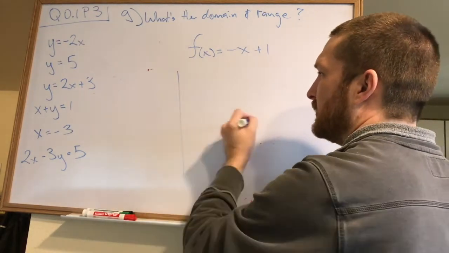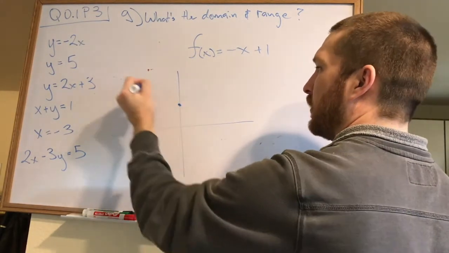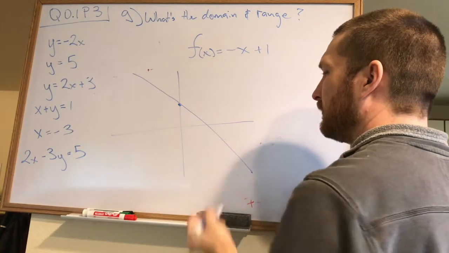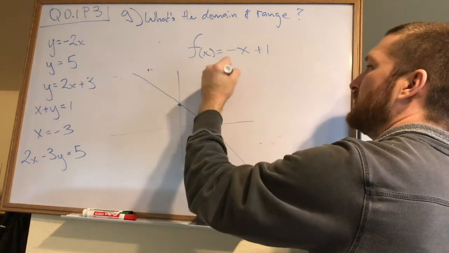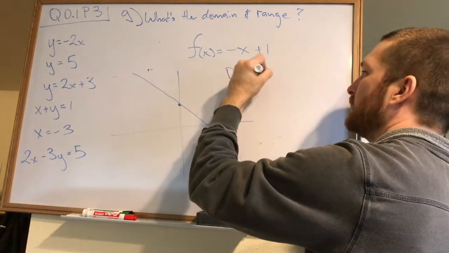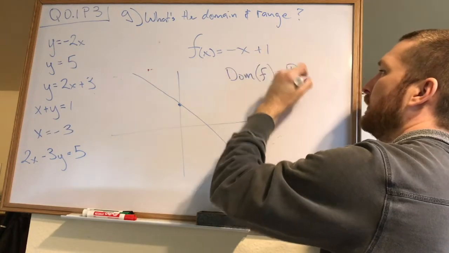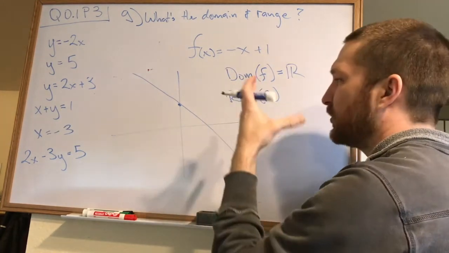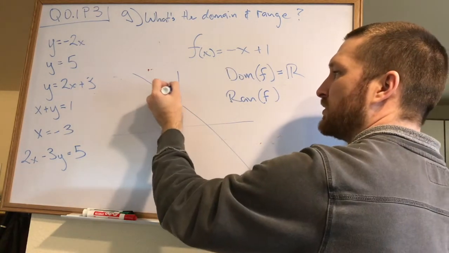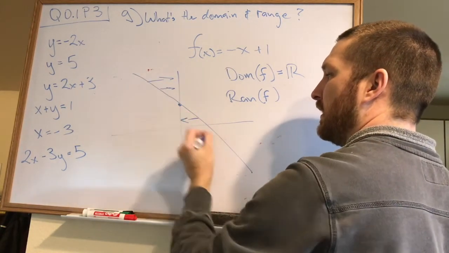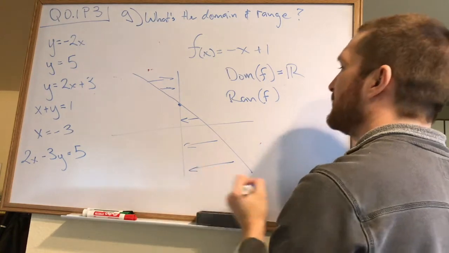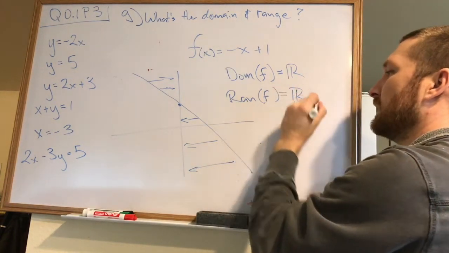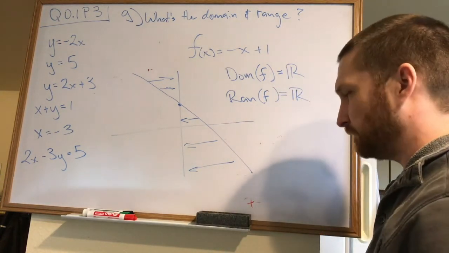And we could see, okay, this guy goes through at 1, has a negative slope. And so, again, domain, no problems. We could plug in any real number. The range, I could tell from the picture, all real numbers get hit when I project this line onto there. Every single real number is going to get hit, so we will end up with all real numbers.